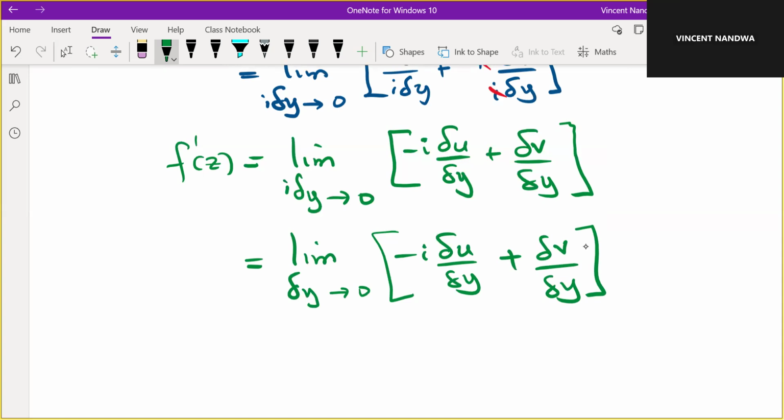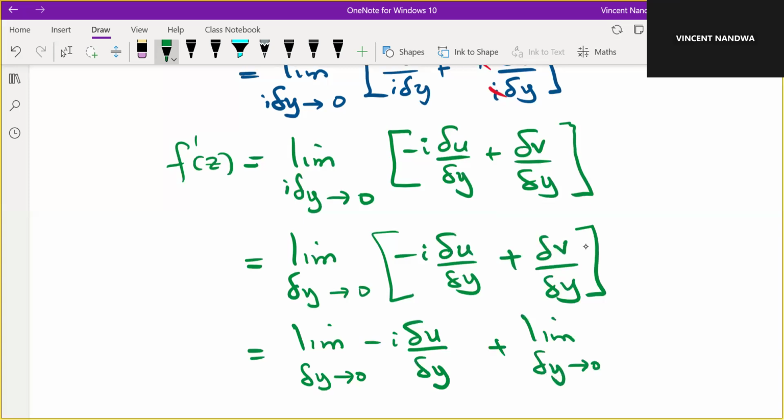So this can be written as the limit as delta y approaches 0 of negative i delta u over delta y, plus the limit as delta y approaches 0 of delta v over delta y. Remember, the limit is affected by change in y, so negative i can as well be factored out of the limit.